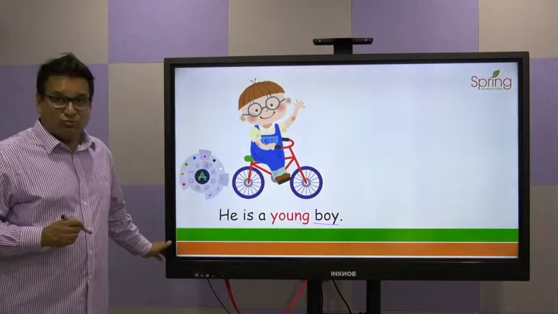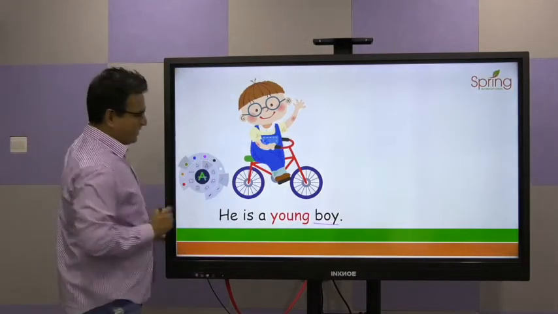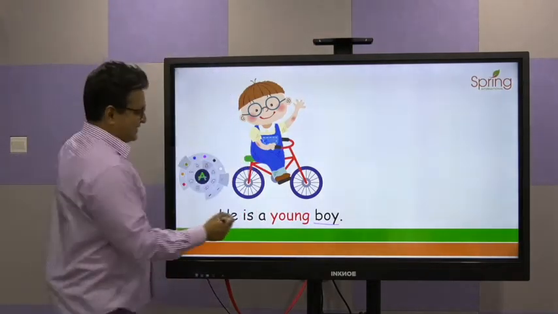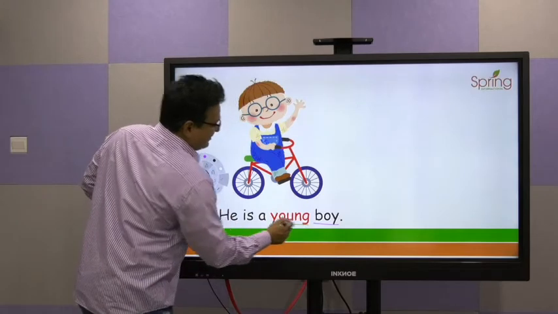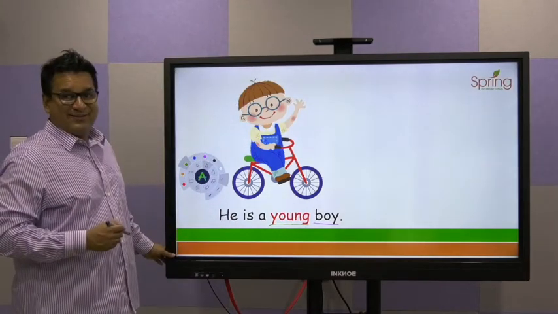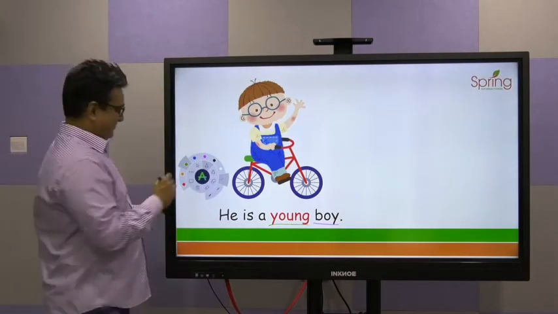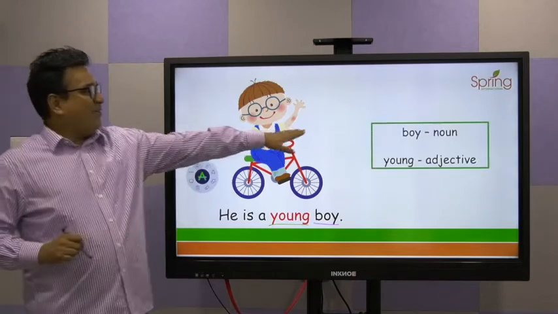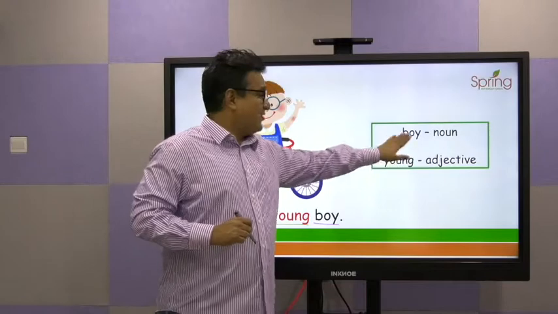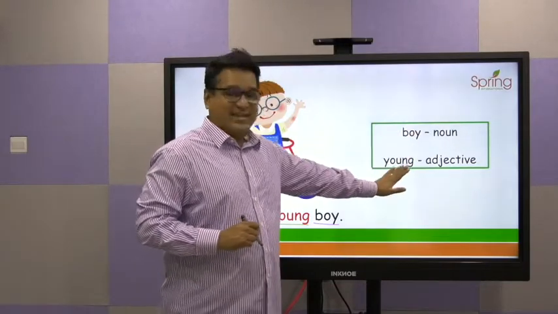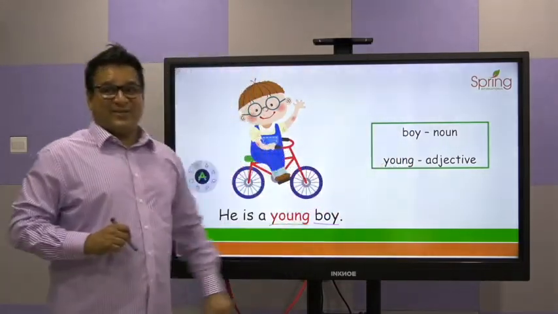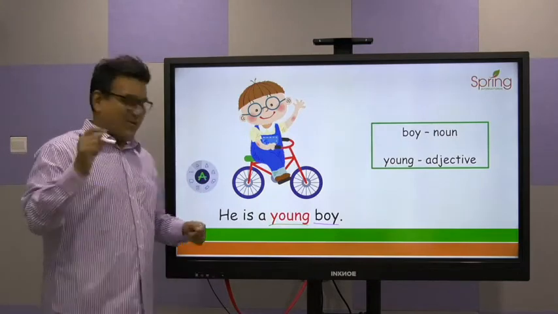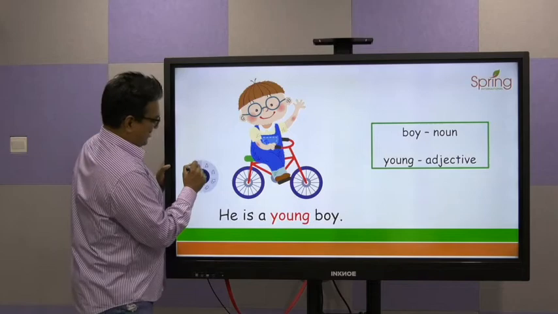Boy is a noun. And the adjective that describes the boy is young. Simple, right? So let's look at it again. Boy is the noun, and young is the adjective. Okay? Are you ready for another sentence? Okay, very good. Let's look at another sentence.